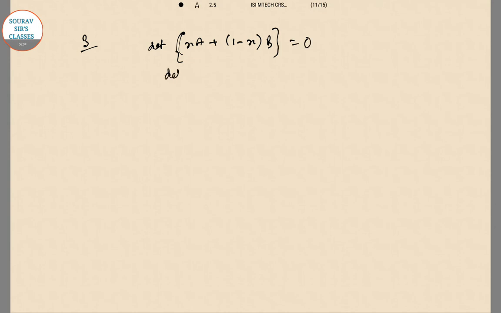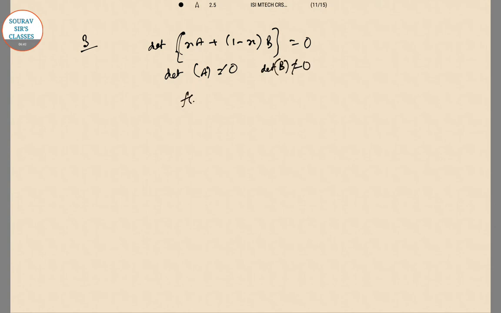So here in the answer we can say the determinant equals x into A plus (1 minus x) into B. So determinant of A is not equal to 0, and determinant of B is also not equal to 0.